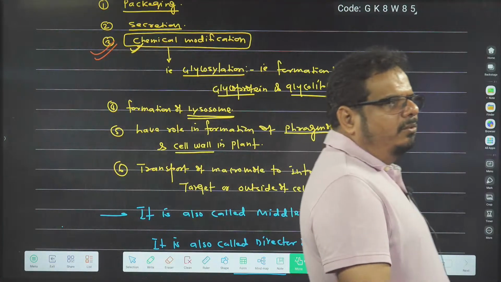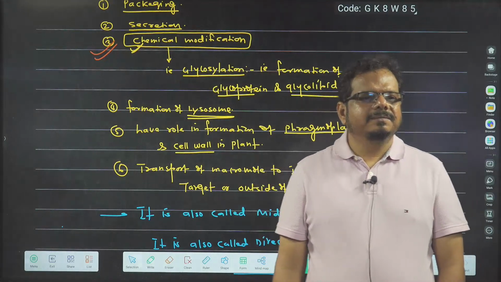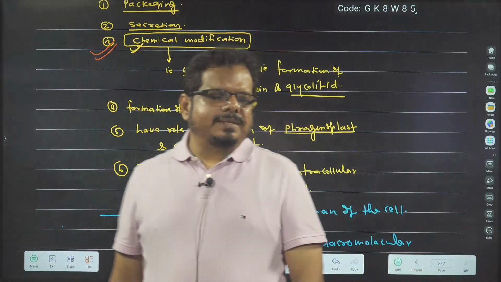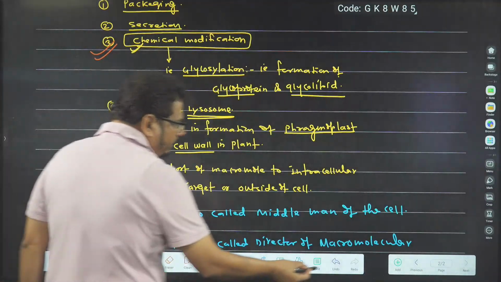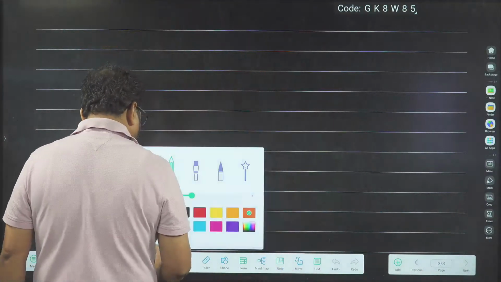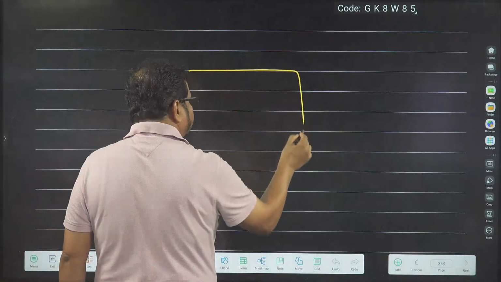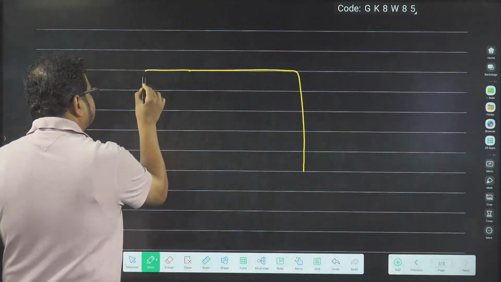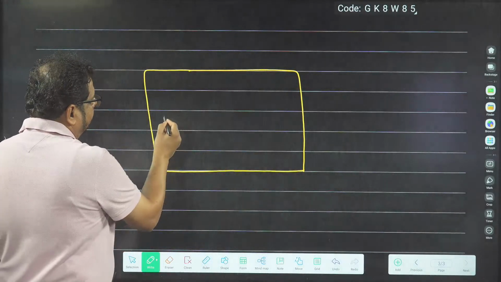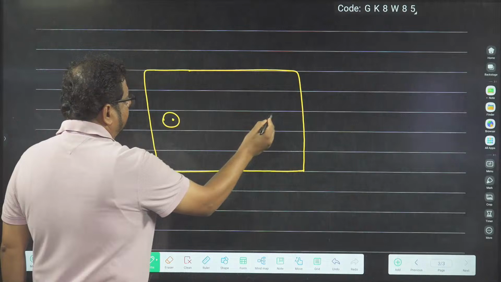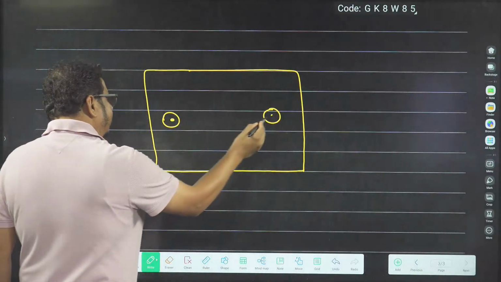While talking about cell wall, I used the word phragmoplast, and many questions are coming about what phragmoplast is. Suppose it is a plant cell and one nucleus divided into two nuclei.